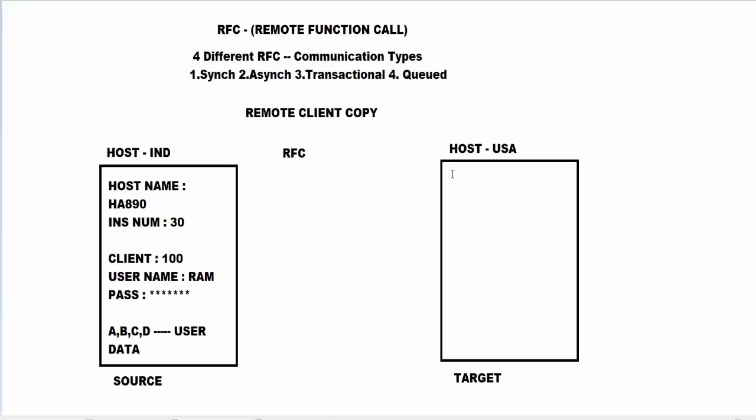We know that for doing this remote client copy, first we need to log in into the target system only, and we maintain the source system information in the target system.